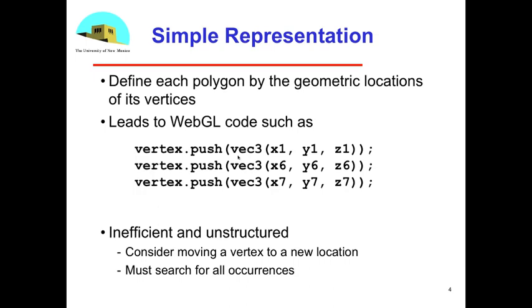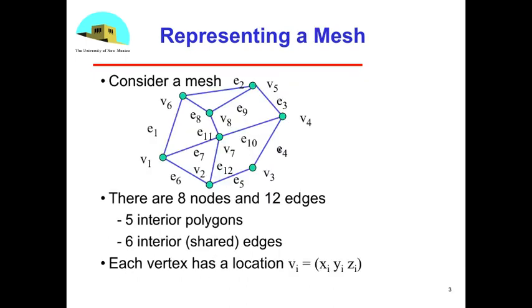Here's a nice way of using the push function that's built into the array, instead of using indexing, and it just says, okay, add this vec3 of x, y, and z for vertex 1. Then you go to 6, and 7, which is this one over here.